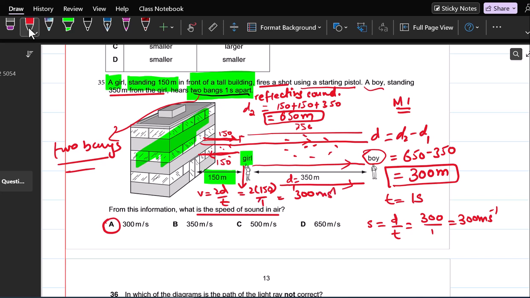But we do not know this time. We have just taken this one, but it is not appropriate. The best solution is this one, because you know the time, that is 1 second apart between two bangs. One sound is heard after covering a distance of 350 meter, and the other sound is heard after covering a distance of 650. Then we take the difference between them, and then we find the speed. Little tricky question. So we are done with this.